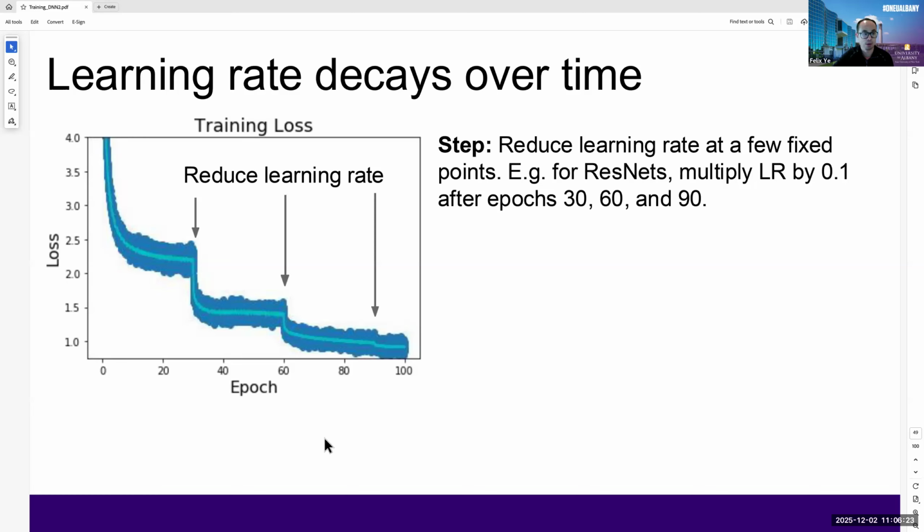Basically, we reduce the learning rate, and we can see our loss is also reduced because we have a smaller learning rate. That means we already hit some bottleneck here, but once we reduce the learning rate, it can further explore the local minimum and really hit the point that we wanted.